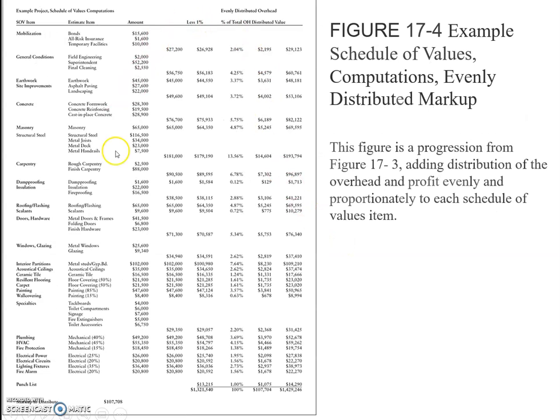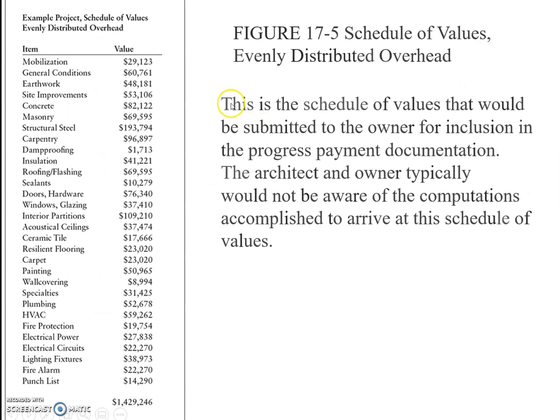So for example, this type of detail the contractor will not submit to the owner or the architect, because this is not needed for the owner and the architect, and also the contractor would not like the owner to know how they have done those estimates. So rather, the evenly distributed profit and markup values will be submitted like this in the form of those schedule of values items.